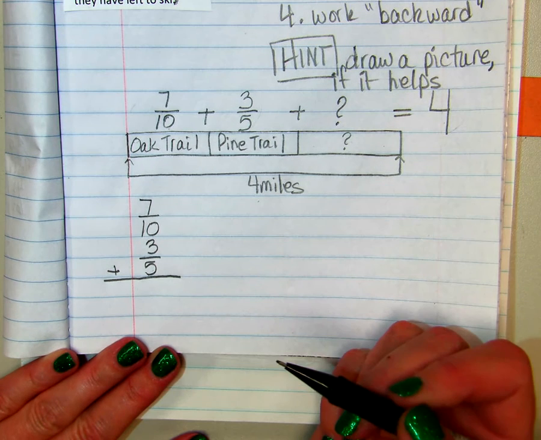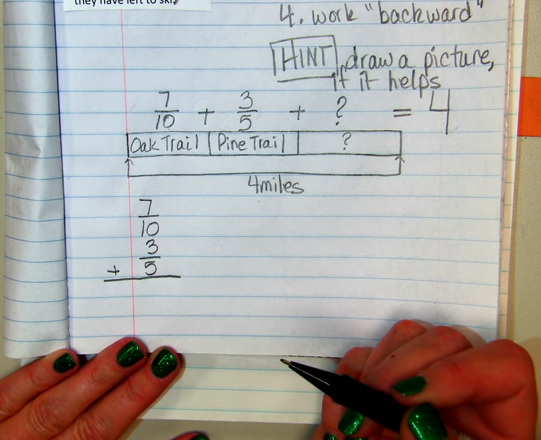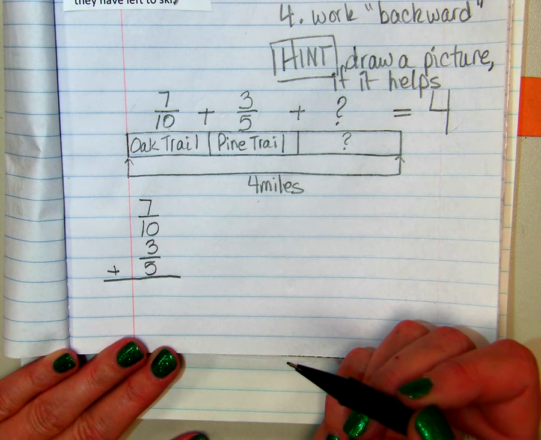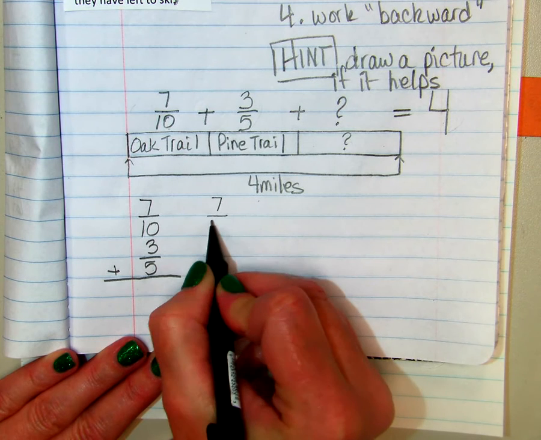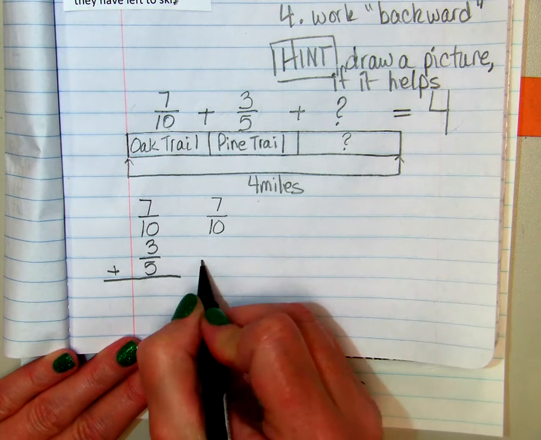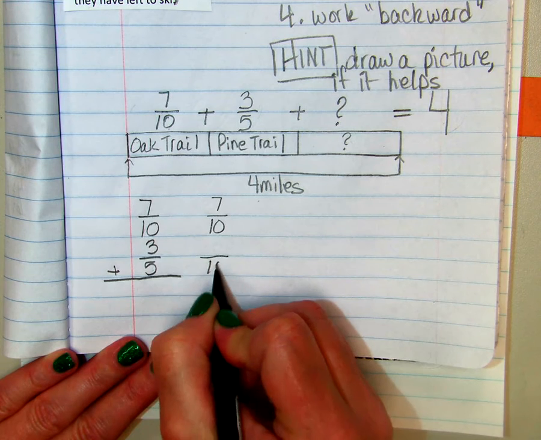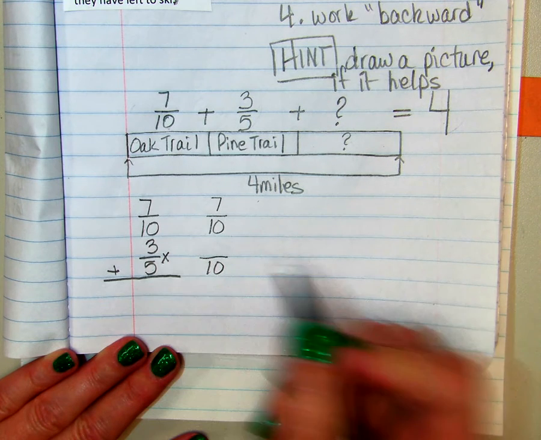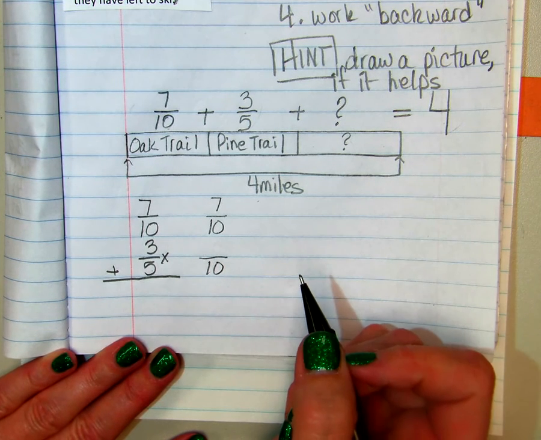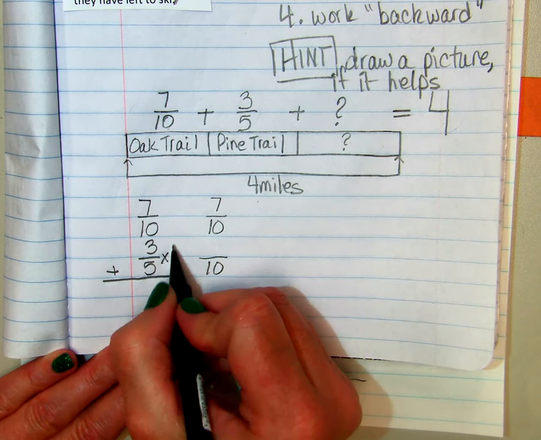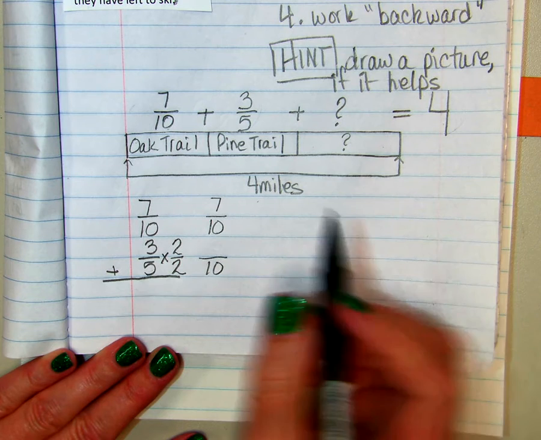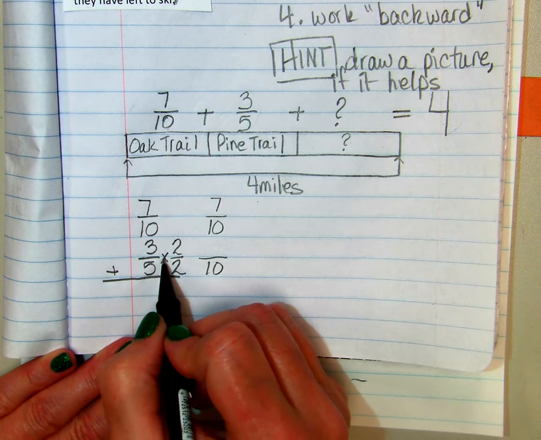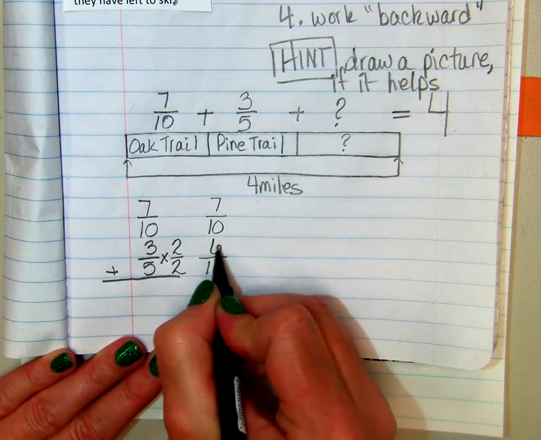We can figure out that our common denominator should be 10. Yes. So my 7/10 is already in tenths. I want my 3/5 to be in tenths. So what is that fractional one I'm going to use? Yes, it is going to be 2 halves. So let's multiply those numerators, okay? 3 times 2 is 6.